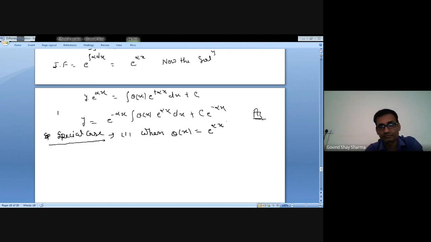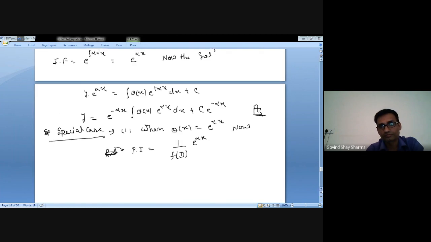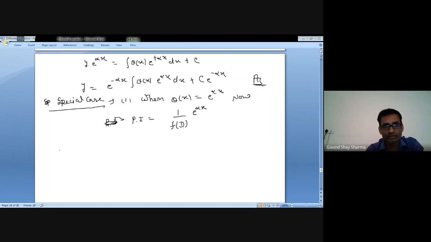Now PI is equal to 1 upon f(D) e to the power alpha x. We replace D by alpha, so 1 upon f(alpha) e to the power alpha x.